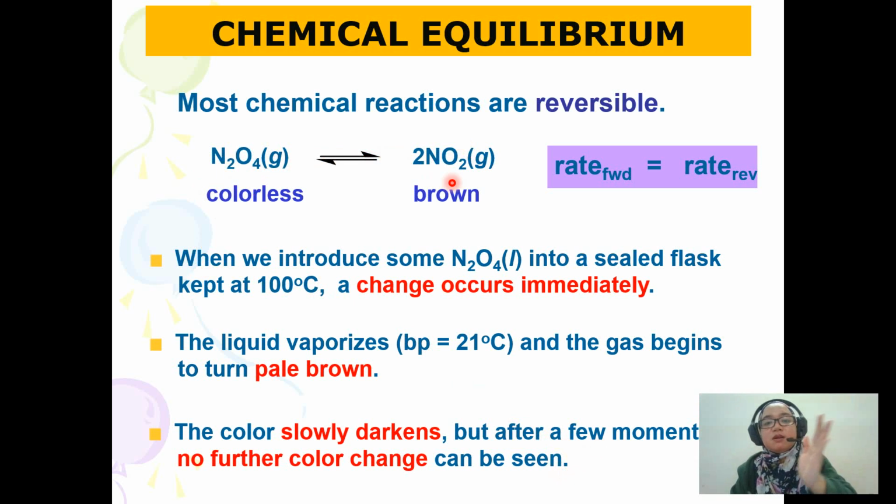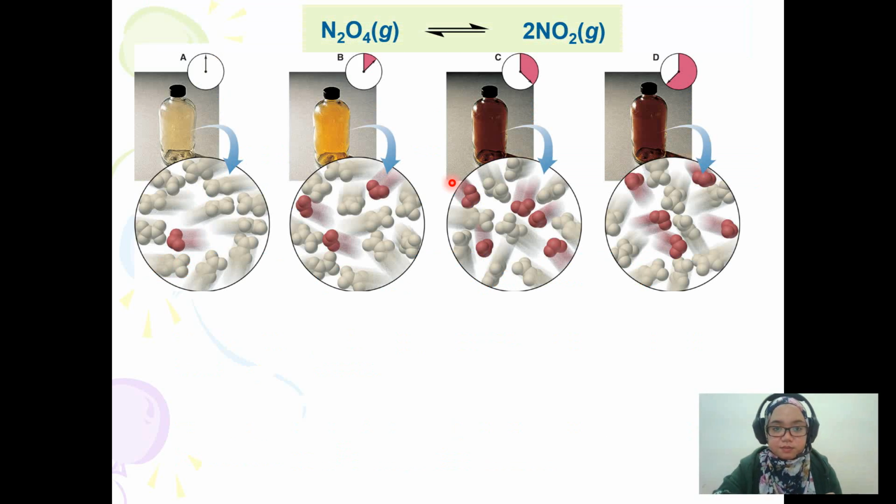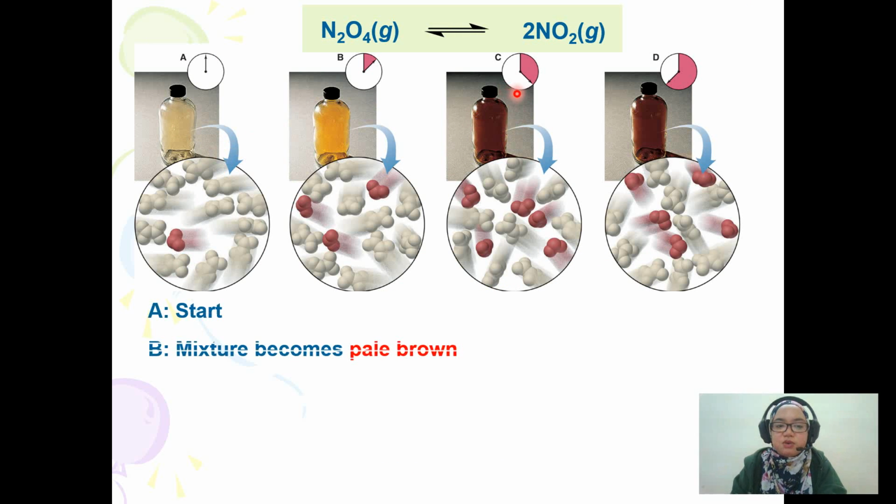Over time we see the intensity of the brown color increases, because the concentration of N2O4 gas decreases and the concentration of NO2 gas increases in the forward reaction. So first it is colorless, but then it becomes like this over time, as at C. First it starts like this, and then in B the mixture becomes pale brown.